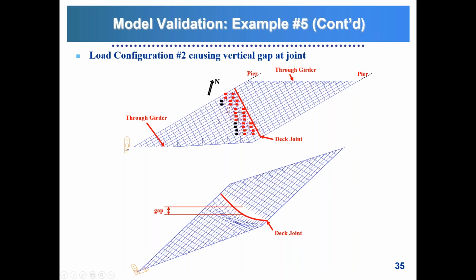So picture your trucks going from the left side to the right side. So you're gonna have this scenario, and then immediately after that, you will unload this side. So it's gonna go up, and you will load this side, which will cause it to go down. So that was the other scenario where the deck was hammering against that floor beam.